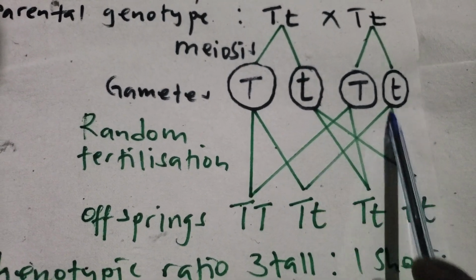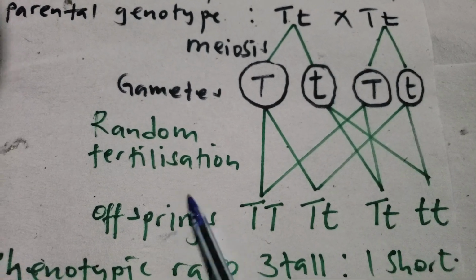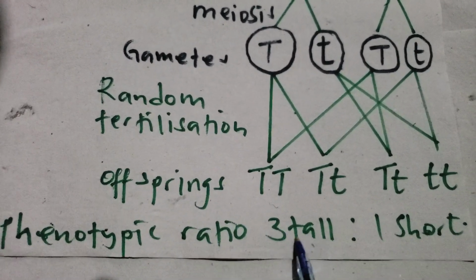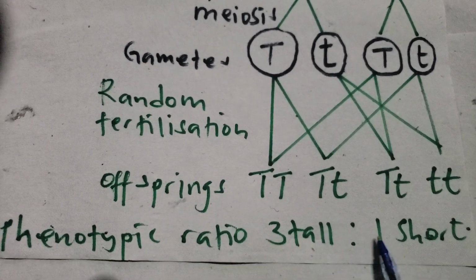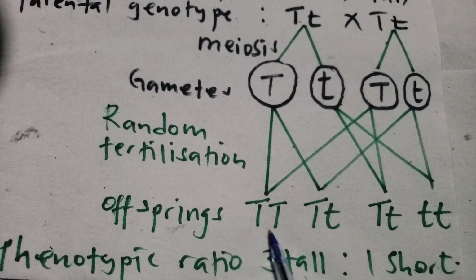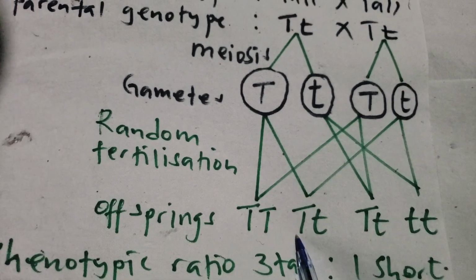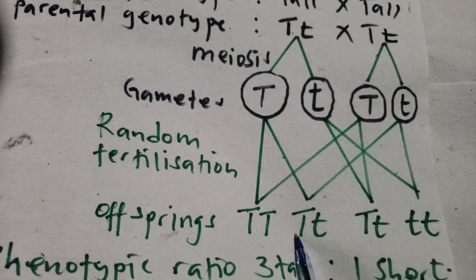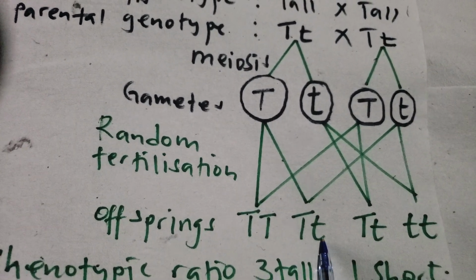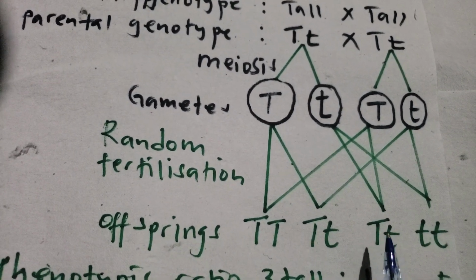And this comes with this, and here we have small t, small t. Now the phenotypic ratio is 3 are tall and 1 is what? Is short, as we can see. This one is a tall plant and this one is also a tall plant, because this capital T is dominant over this and has more power of expression than this. So we have capital T.